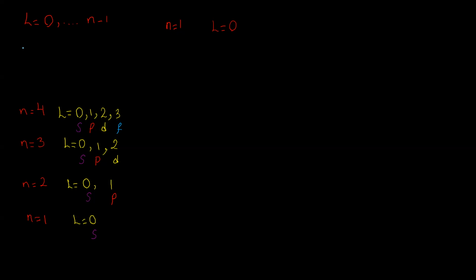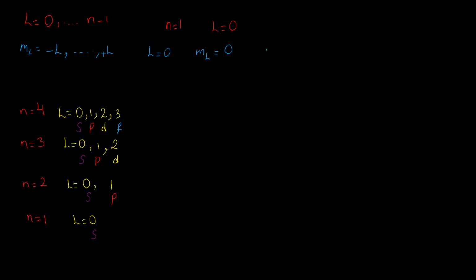That we can find using ML. ML ranges from negative L to positive L. So if L equals 0 for orbital S, it means ML can be only 0. So it means for orbital S, we have just 1 orbital.